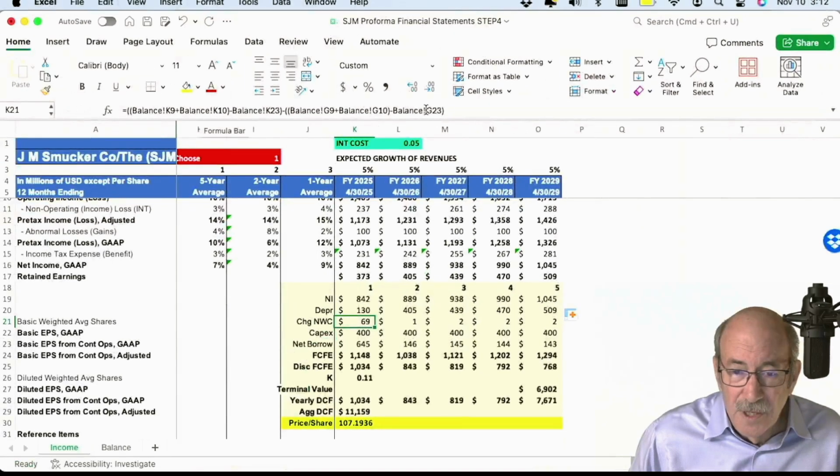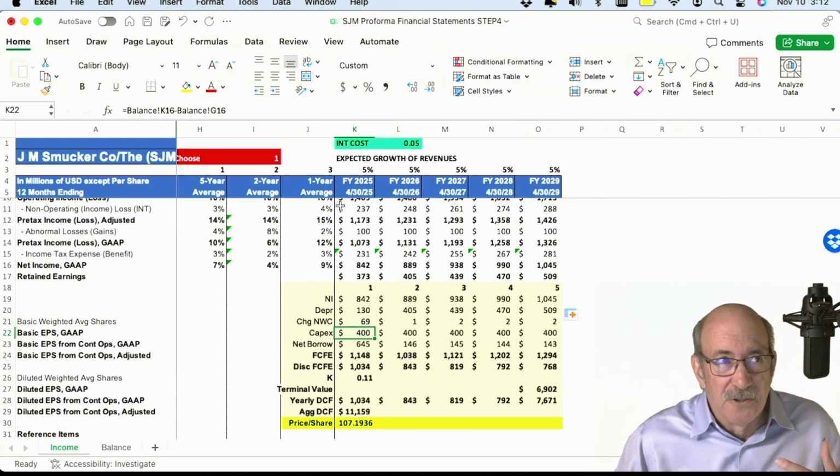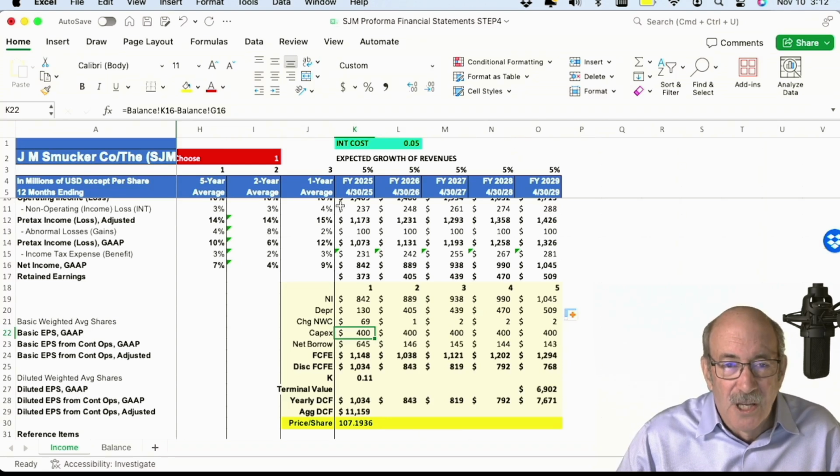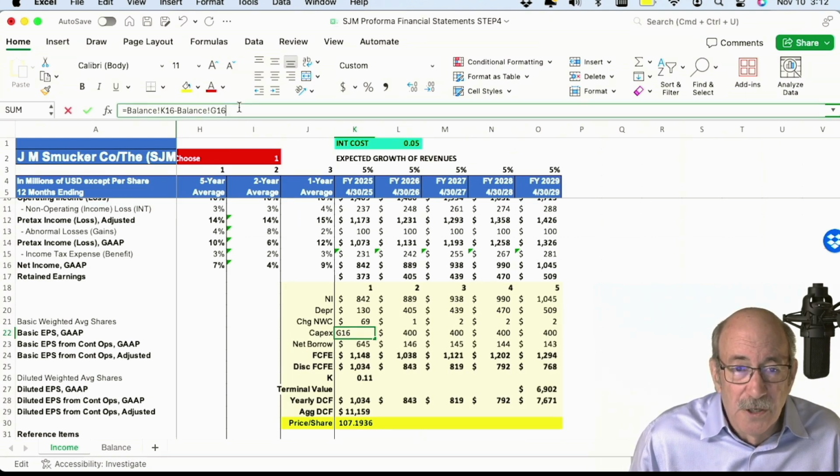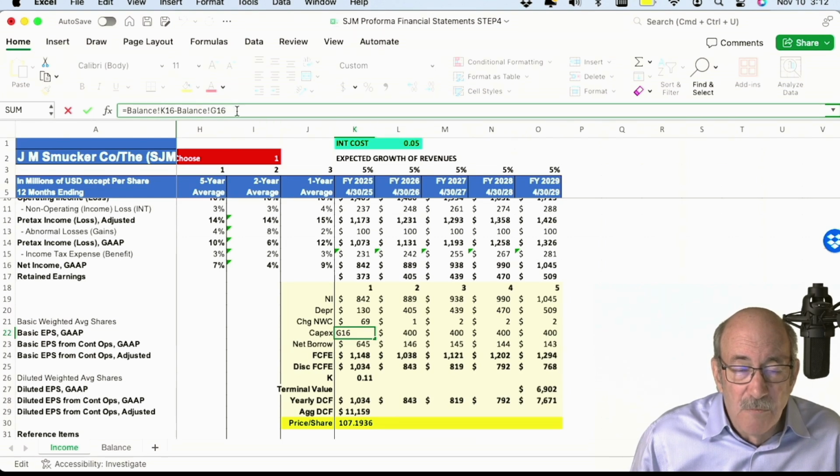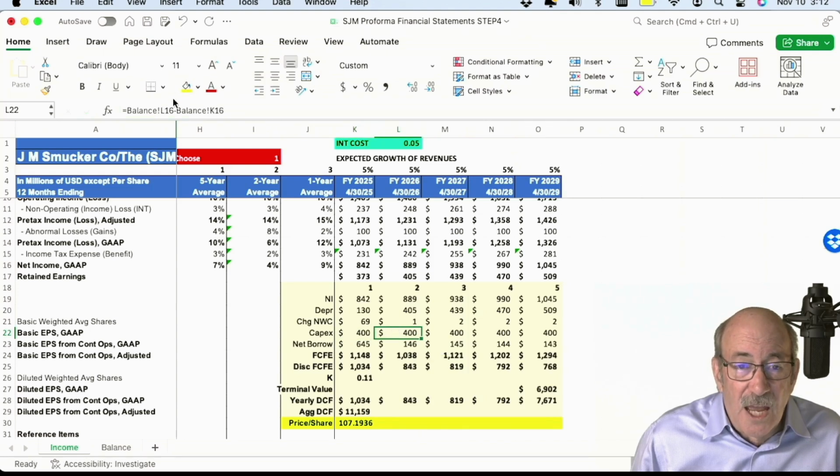All right. So now I've got my net change in net working capital. My CapEx is simply the amount of spending that I have and how my gross plant, property, and equipment has changed in value, and that turns out to be that 400, but it's also K16 minus G16. And then over here, it's L16 minus K16, and so forth.